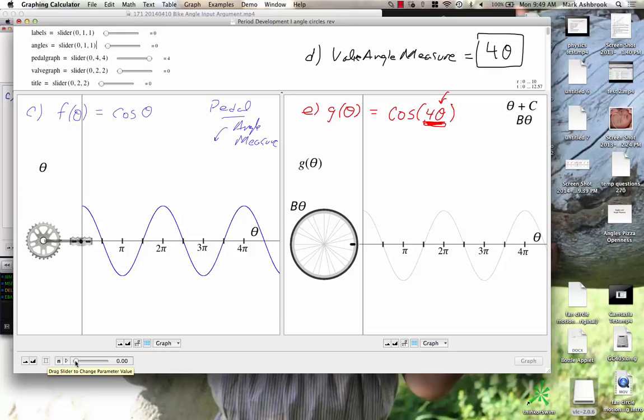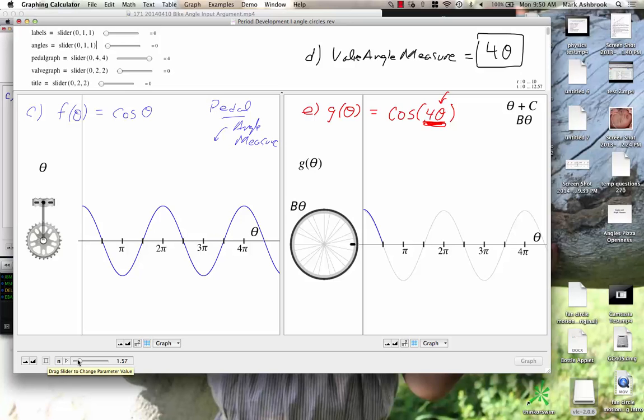So what does that mean for the resulting graph? Is it going to take longer or shorter for it to make a full cycle? How much shorter? So when will it make a full cycle? Pi? So watch the tire valve. It's made it once around right there, right?